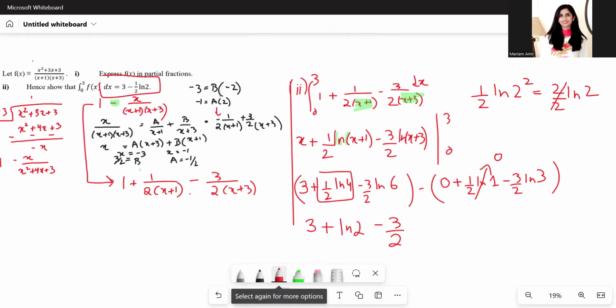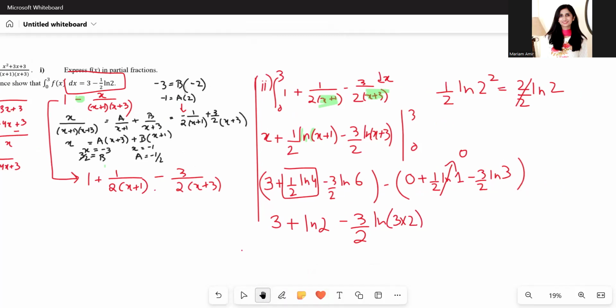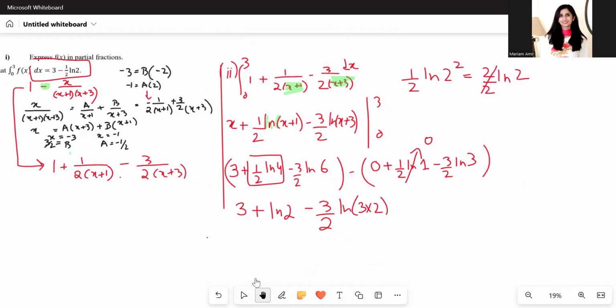So what I'll write here is ln of 3 times 2, and then I'll open that using log rules. And then we have minus, in fact, plus 3 upon 2 ln 3.